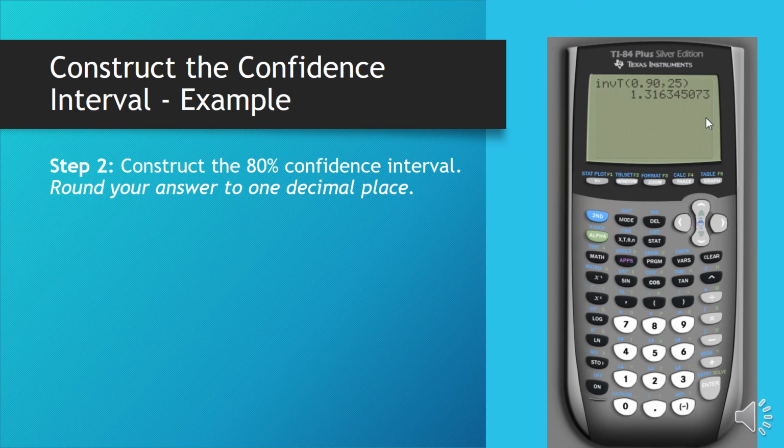You only use the data option if you are given a set of data. If you are given statistics like the sample mean and the sample standard deviation, then you will scroll over to the stats option. So I'm arrowing over to stats, and now I'm going to enter the sample mean, which was 2.8. The sample standard deviation, which was 0.23.